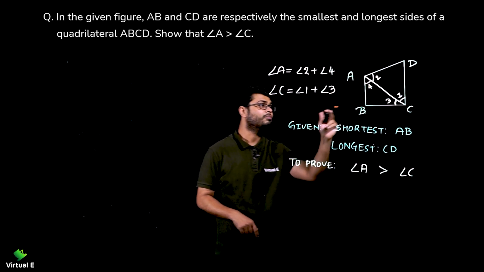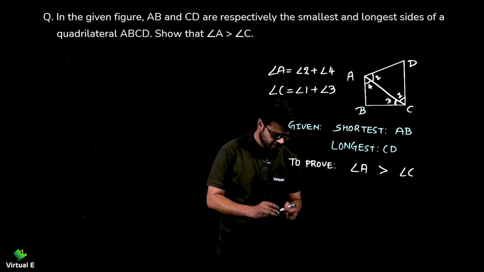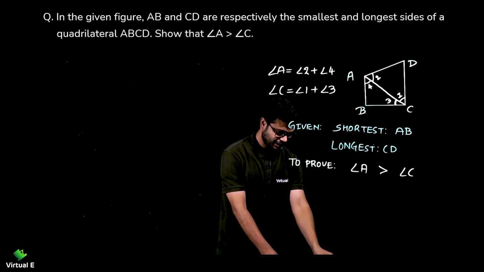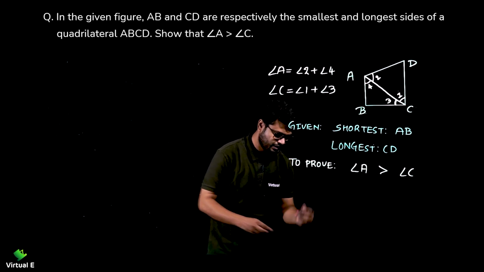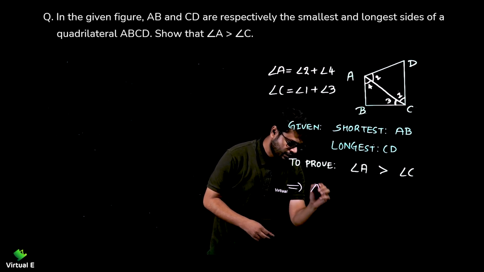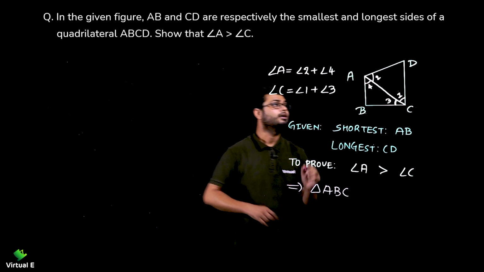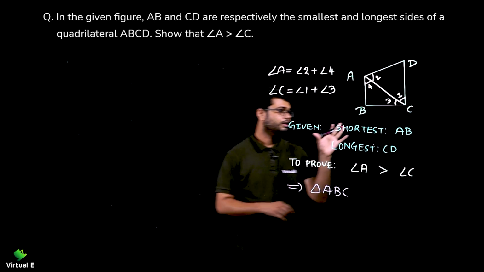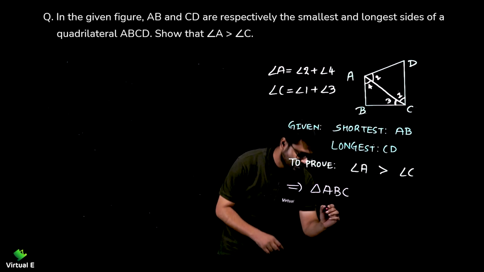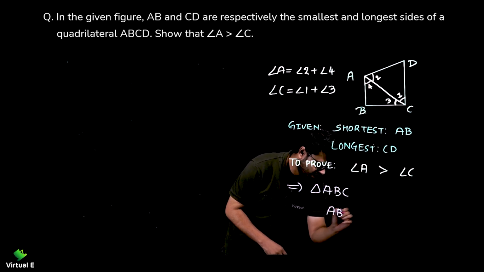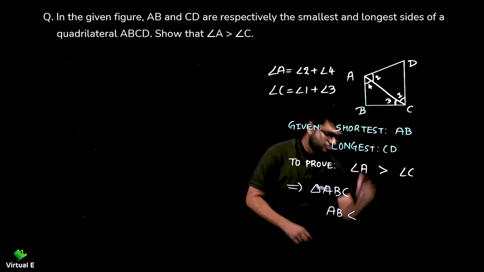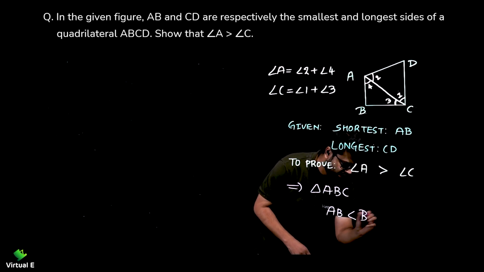First, let's talk about this triangle ABC. Now which is the shortest side? That is AB. So I can write AB is less than BC, right?